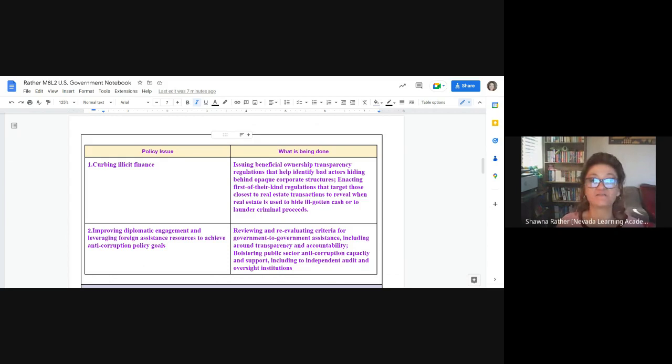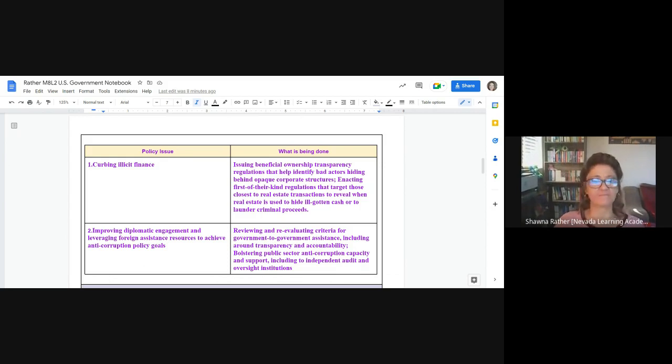But curbing illicit finance is a policy issue. What is being done? Talking about transparency regulations, trying to find people who are trying to hide behind corporate structures, creating regulations targeting real estate, etc. The second policy issue is improving diplomatic engagement and leveraging foreign assistance resources to achieve anti-corruption policy goals.